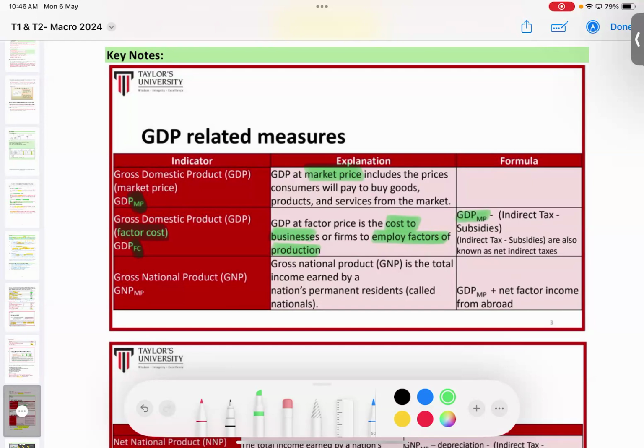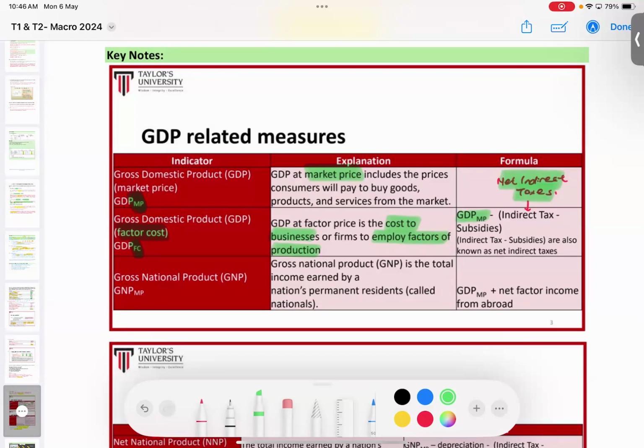What is this? It's what we call net indirect taxes. So GDP at market price minus net indirect taxes.